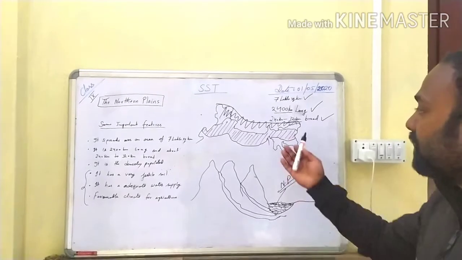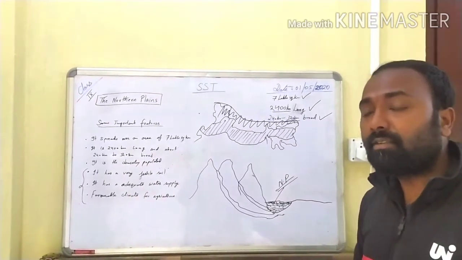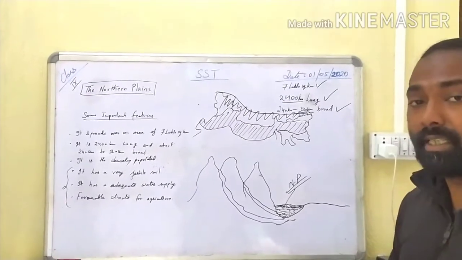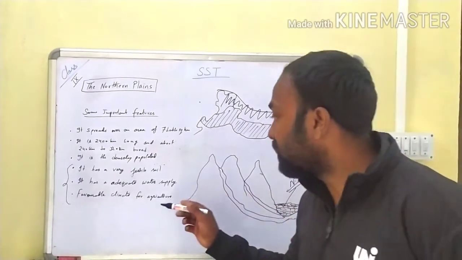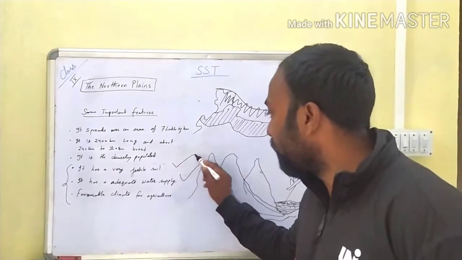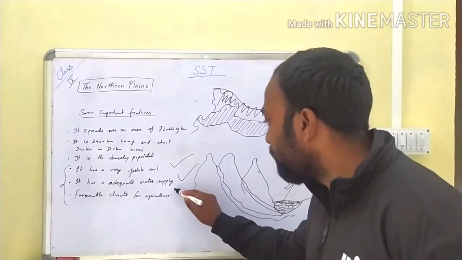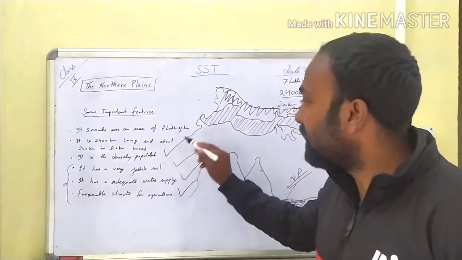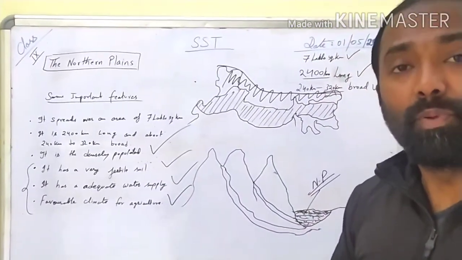Because of this reason the people have settled in this region, and the river which flows through this region also drains this region. That means this region has an adequate amount of water supply. It also has fertile soil and a favorable climate for agriculture. Because of these three reasons the place is densely populated.